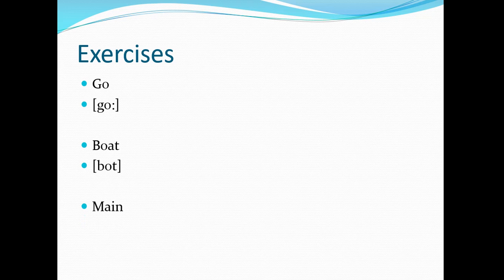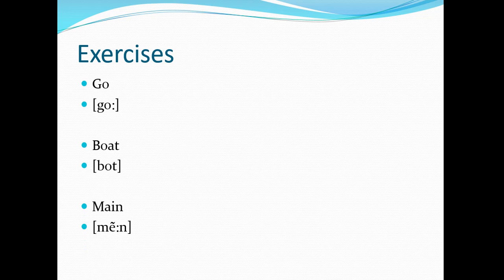What about this word? Main. Yes, we need to apply the vowel length rule in this case. Why? Because you can see that after the vowel we have a voiced sound, which is the n. But also you can see that we need to apply another rule here. What is that rule?